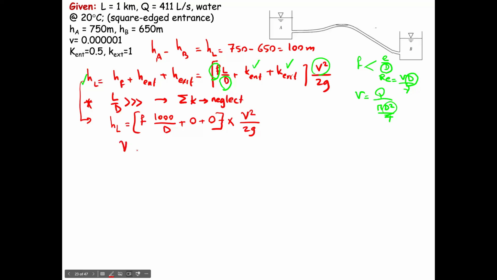Meanwhile, I would like to write V like this guy, whatever I have, Q over pi D square over 4, which gives me what's the velocity here? If you simplify, you will end up with this guy.